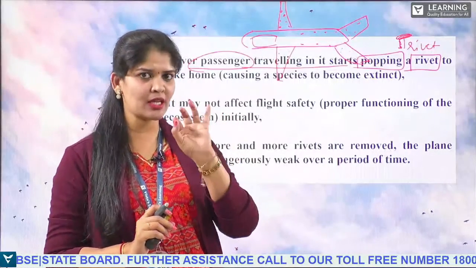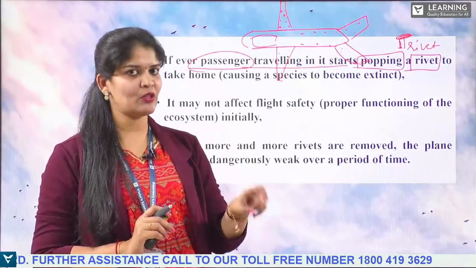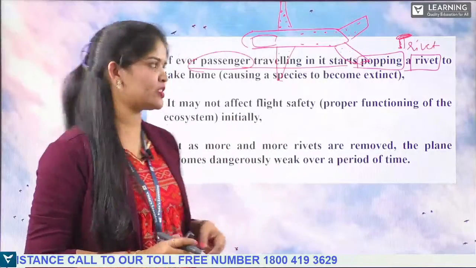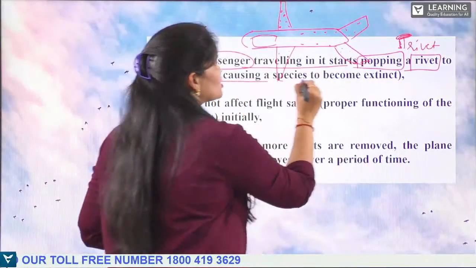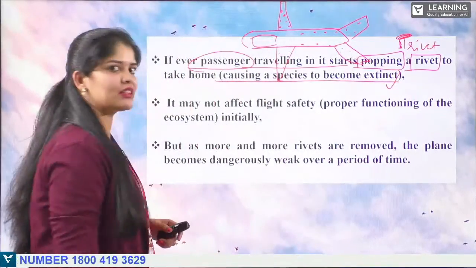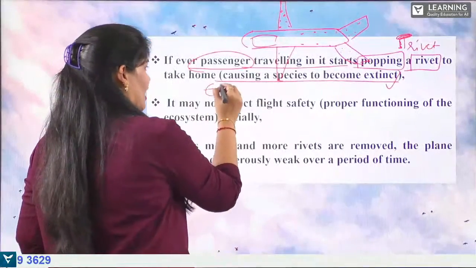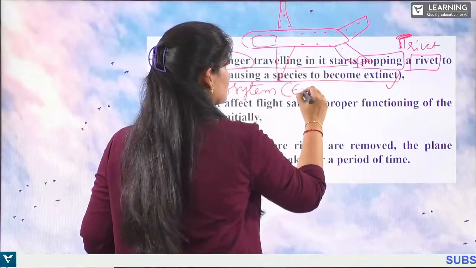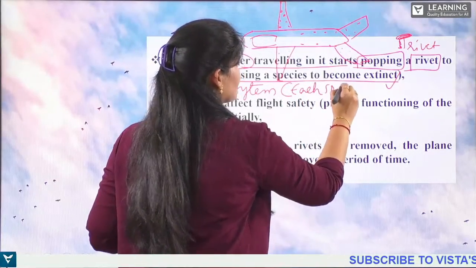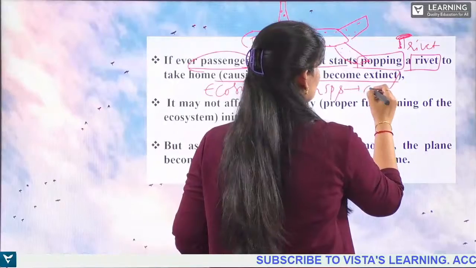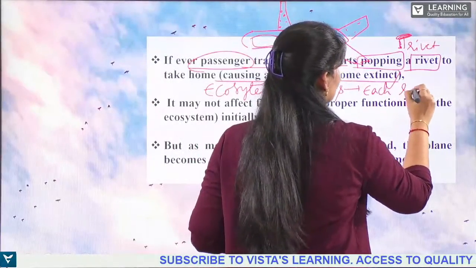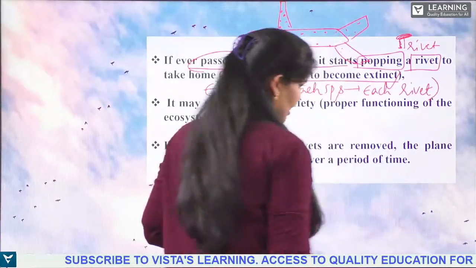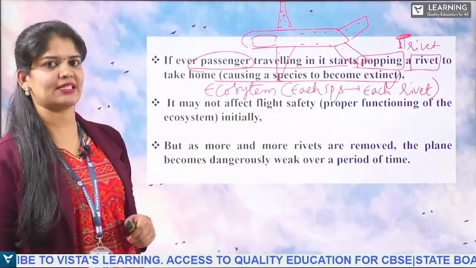That means we lost one rivet. In this example, one rivet is one species, causing a species to become extinct. That means in our ecosystem, each species is compared to each rivet. One rivet loss is one species loss in the ecosystem.